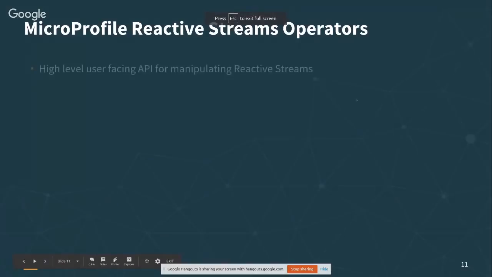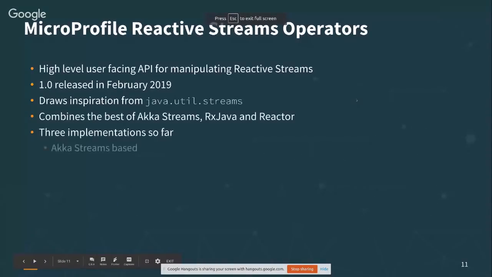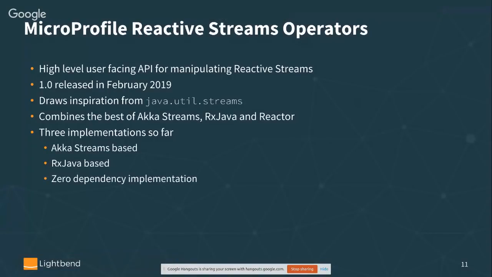That's not much different from just using MicroProfile Reactive Streams operators in isolation. The code looks very similar. It's the same sort of methods. And using Reactive Streams operators out of the context of actually doing asynchronous I/O processing really isn't interesting. You're much better off using Java util streams.